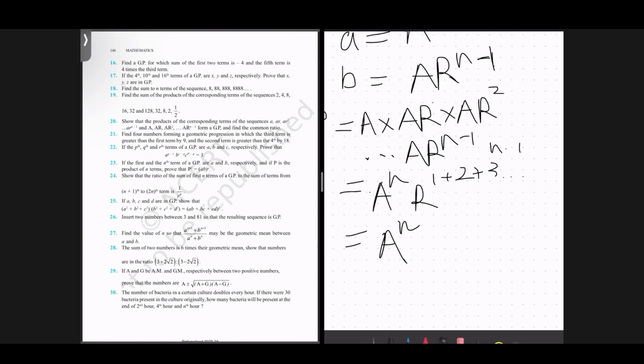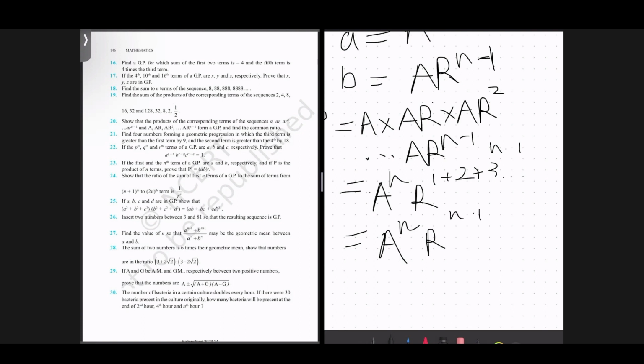when you add up an AP with first term as 1, number of terms as n minus 1, and common difference as d, you are going to substitute the values in the summation of an AP, and that is nothing but n upon 2 into the bracket 2a plus n minus 1 into d, and that is what I'm going to do here. So n would become n minus 1. Why have I written n minus 1?